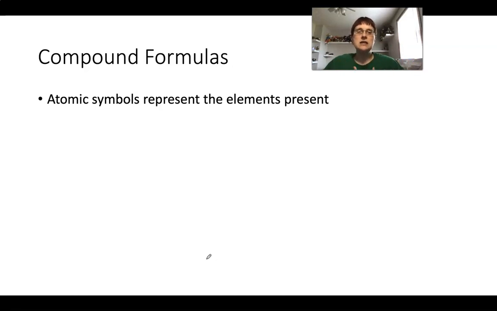So if you see a compound formula and you're not sure what the element is, you can always look this atomic symbol up. So for example, lead is Pb. You might not know that that's lead, so you can look that up on the periodic table.